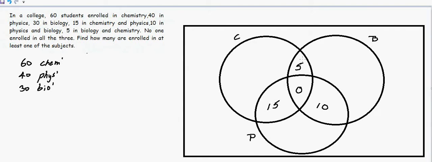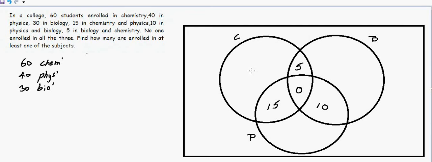But if there had been a number in here, say 2, then we would have had to take 2 away from the 5, because this must total 5. Same as we did in the previous question.